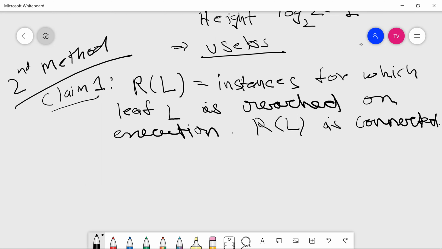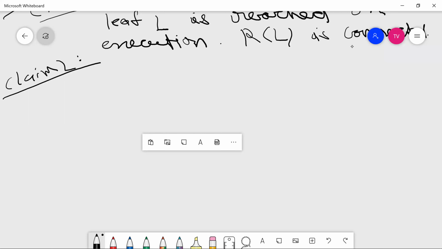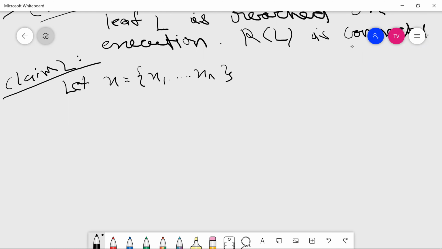And we are also going to make a claim that let X be a sequence of n numbers and Y be a permutation of X only.